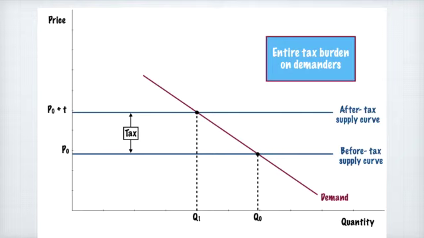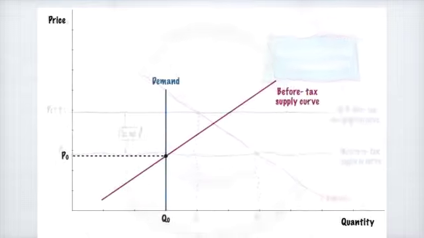Before they were paying P0, now they're paying P0 plus the tax. So therefore, the consumers bear the entire burden because now they're paying the entire tax, not a portion of it, 100% of it. So under this scenario where the supply curve is perfectly elastic, any tax placed on the supplier, the burden will fall completely on demanders.